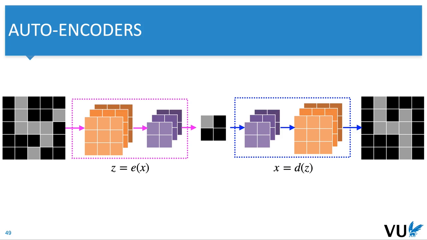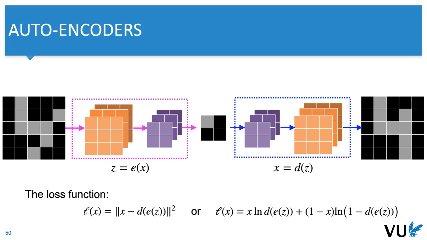Now the question is, what kind of objective function should I use? If the data is real valued, you can use the L2 norm, just to calculate the difference per pixel or per dimension.